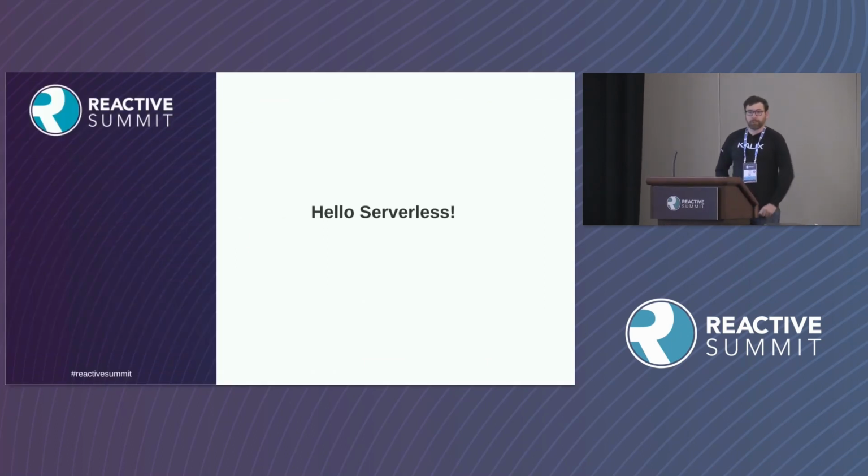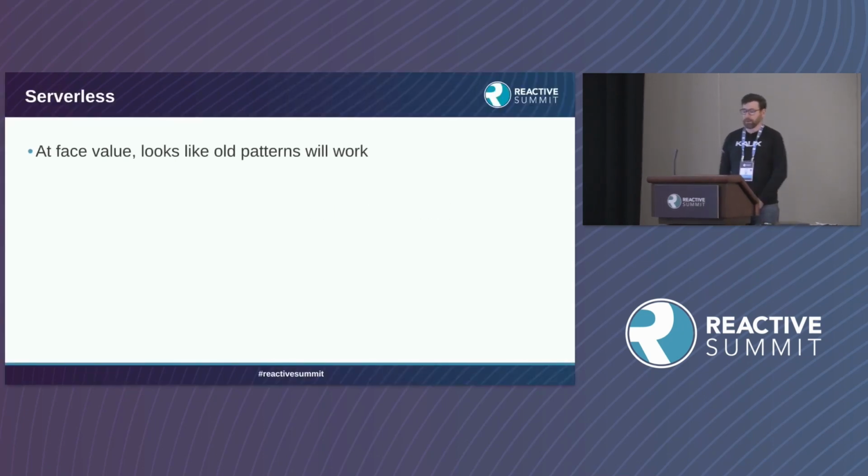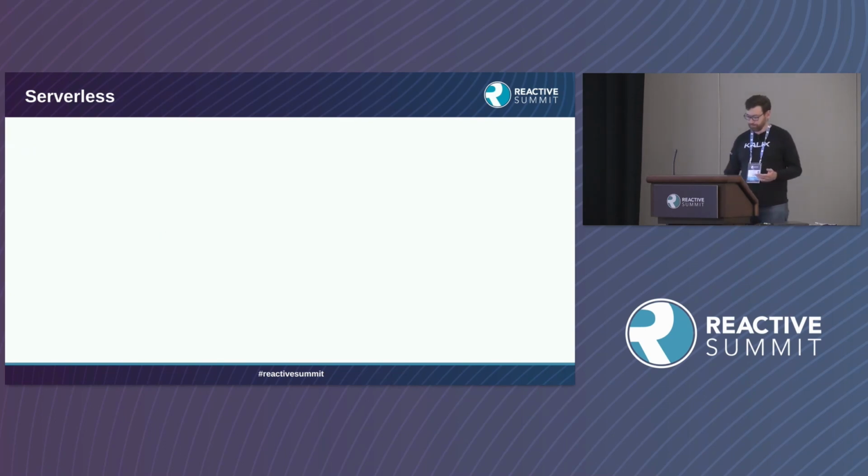So serverless came along, I don't know, 2017, 2018, and at face value, just like with cloud, it looked like the old patterns would work, because Lambdas are just stateless services, right? The fact is that Lambda was nothing like stateless services, and people found this out very quickly.